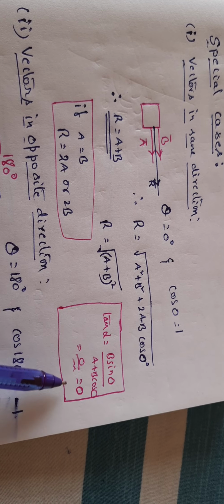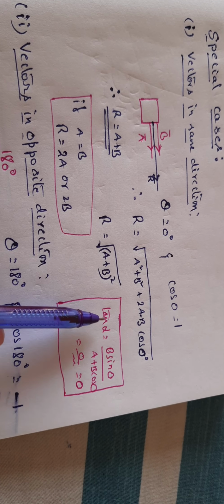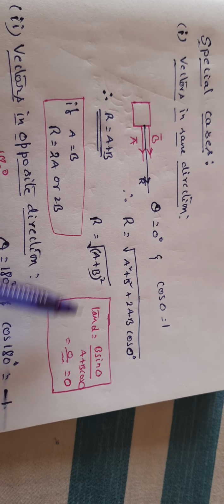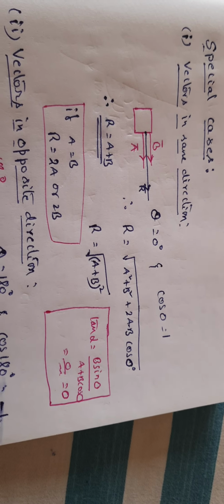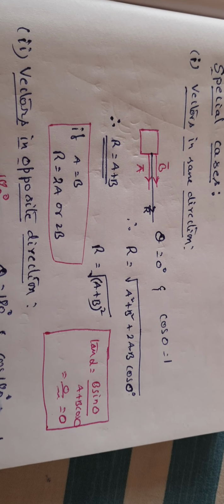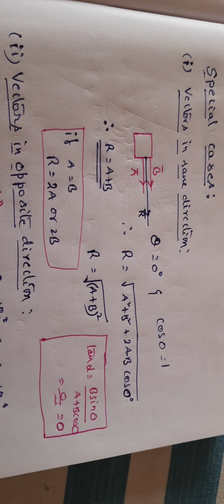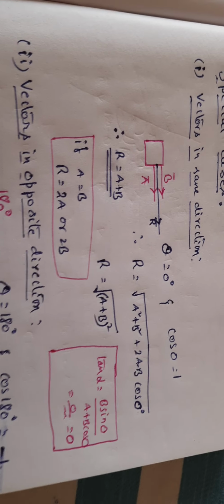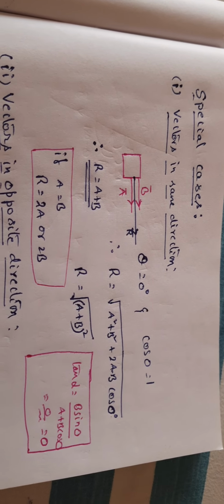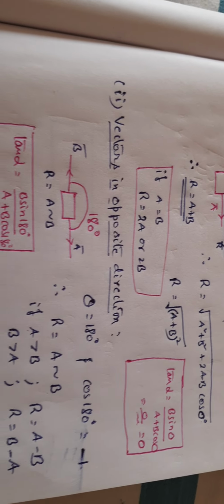So it can be 0 or 180 because tan alpha here can be 0 means alpha can be 0 or 180. But here there is no point of talking about 180 degrees because if two forces are acting in the same direction, their resultant can never be in opposite direction. Right? Yes. So now the next one.